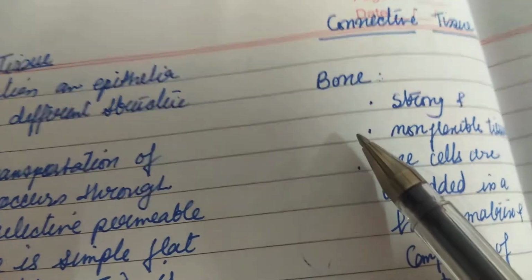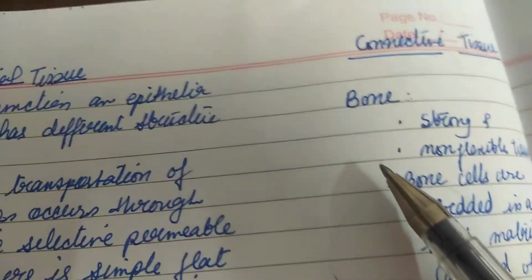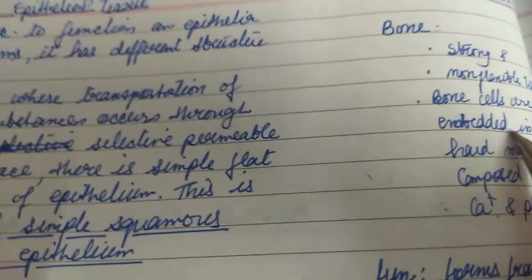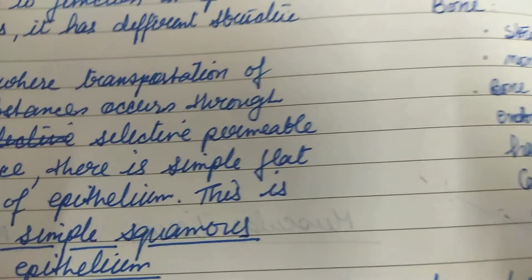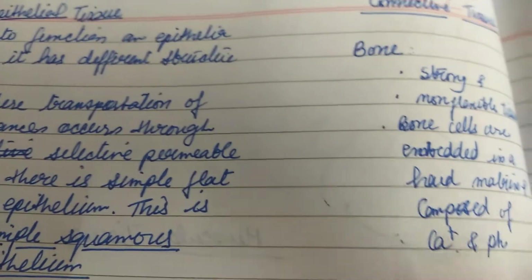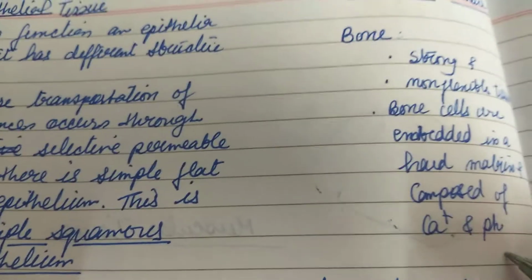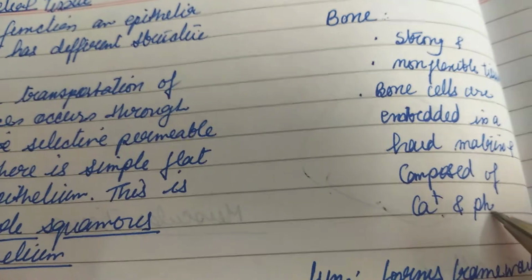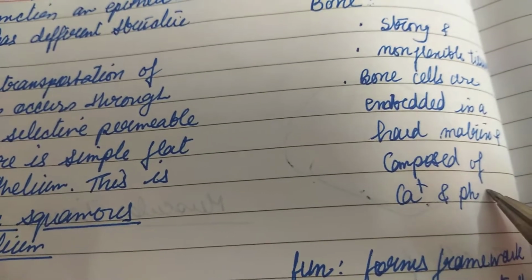Next we'll take bone. Generally we are all aware of bone. We know that they are hard, strong, and non-flexible. So the structure is also hard. That's why their matrix is hard, and it is composed of calcium and phosphorus.